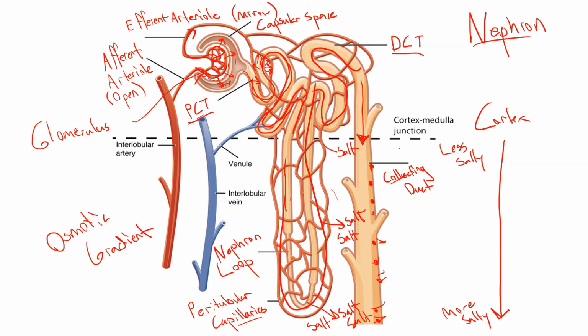If you're inhibiting the thing that's putting these channels in, then the channels will not be put in there. And if the channels are not there, then even though you should be reclaiming water, you're not, because there aren't any channels there to let the water through. So the water instead goes down and is passed and excreted as urine.